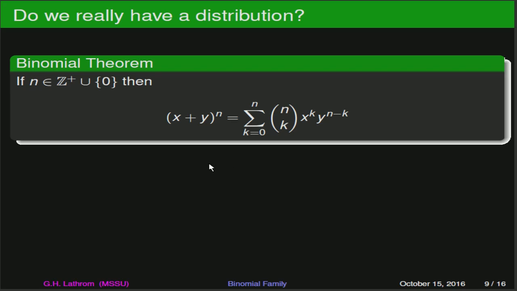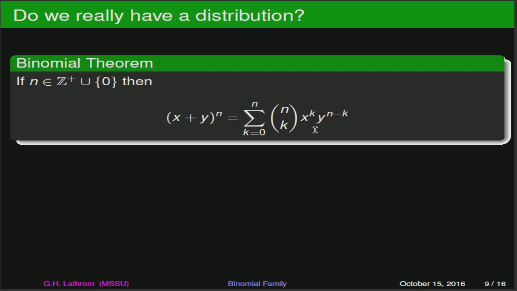Well, now what about the probability of my entire sample space? For that, I turn to the binomial theorem to give me an answer. The binomial theorem says that if I've got a positive integer, or 0, n, then x plus y to the n power I can express in this summation form.